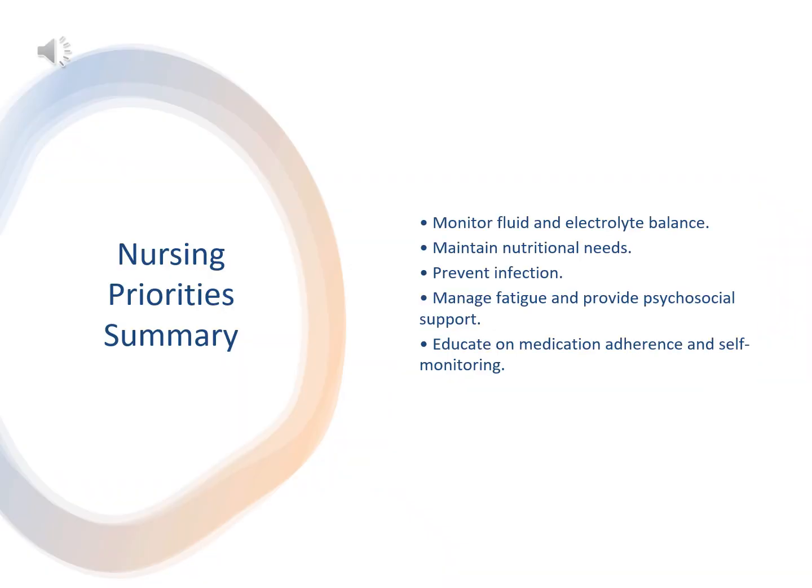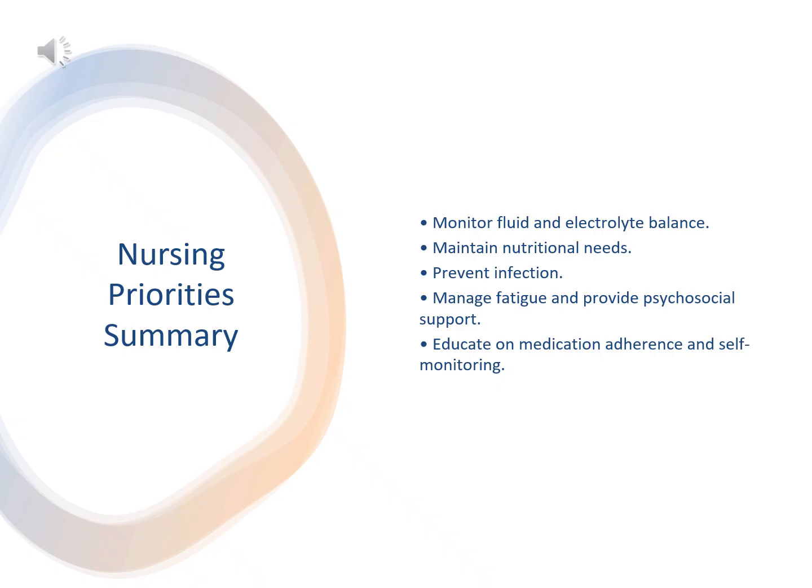Okay, and just a recap for your nursing priorities with patients with kidney disorders: we want to make sure that we assess intake and output, monitor fluid and electrolyte balances, and prevent infection. We recognize nutritional needs in our patients, and recognize some of the common cues for things like acute kidney injury and chronic kidney disease.